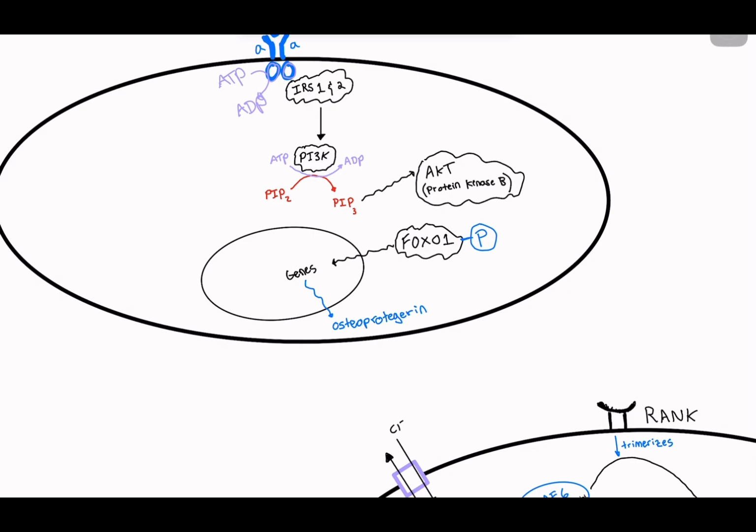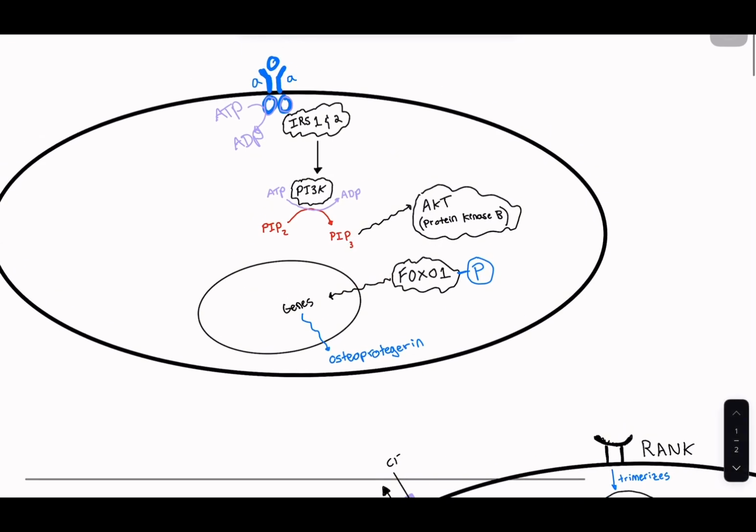But normally FOXO1 is a protein that goes and turns on genes associated with producing this protein called osteoprotegerin, or OPG. This protein is produced when FOXO1 is available within the cytoplasm in its unphosphorylated form, which allows it to move into the nucleus.